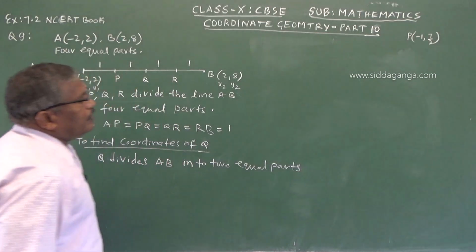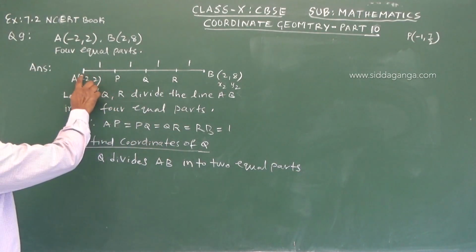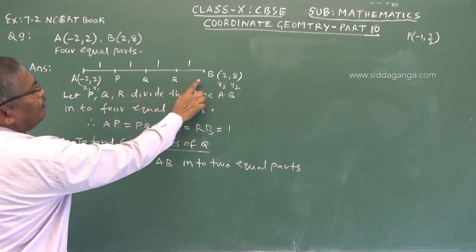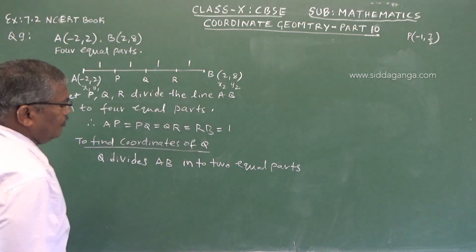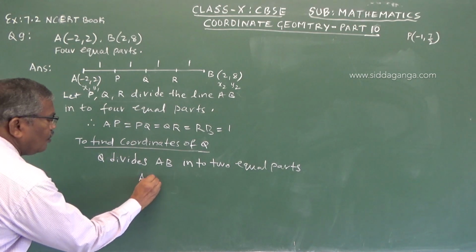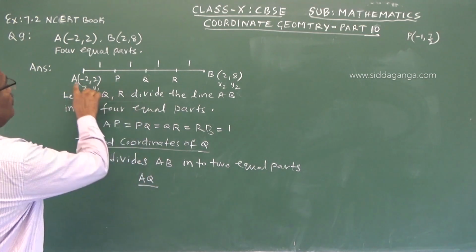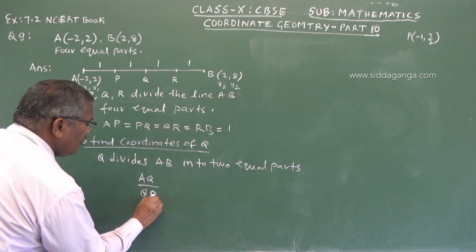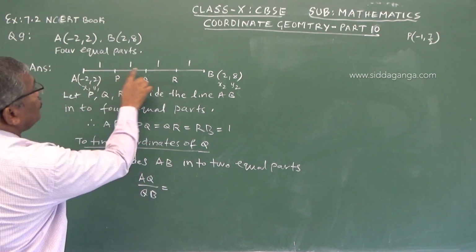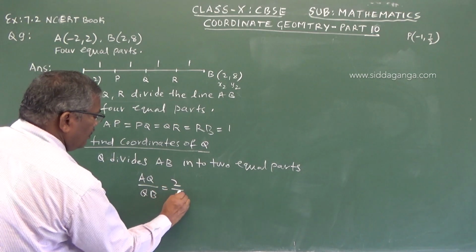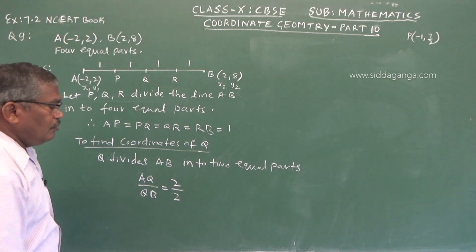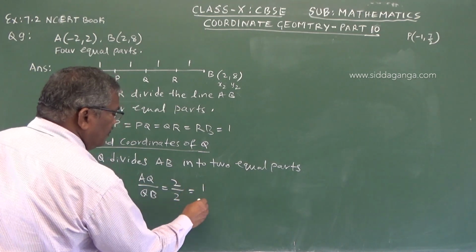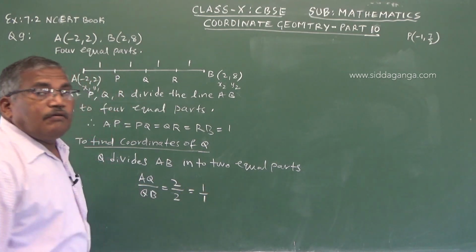So how has that happened? Observe here, AQ is equal to 1 plus 1, which is 2, and QB is also 1 plus 1, which is 2. So AQ by QB equals 2 divided by 2, which is 1, or we can call it 1 by 1.